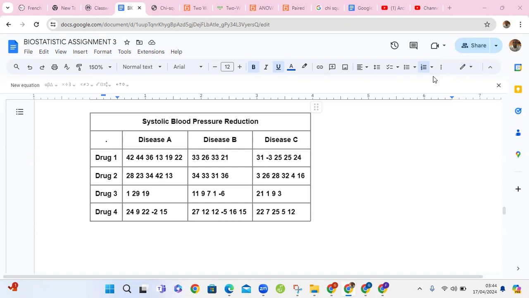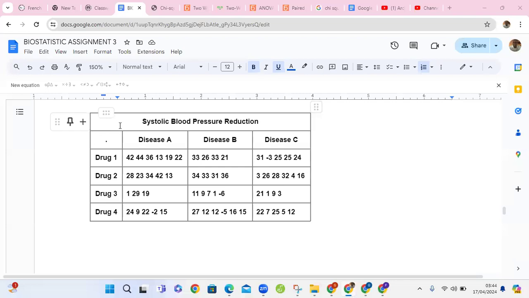So for our example or scenario, we can revisit the two-way ANOVA we did in the previous video, and we can use the contingency table. The ANOVA is more extensive than the chi-square, because apart from determining whether or not there's a difference in the mean, it also determines if there's an association.